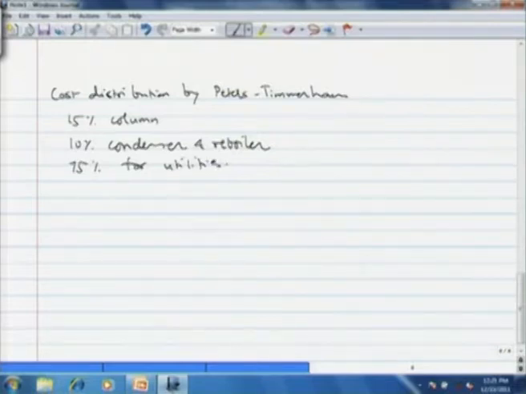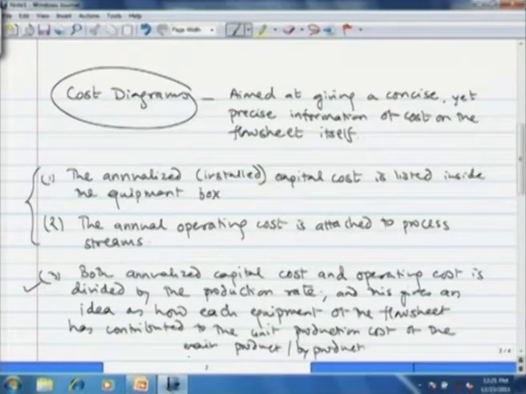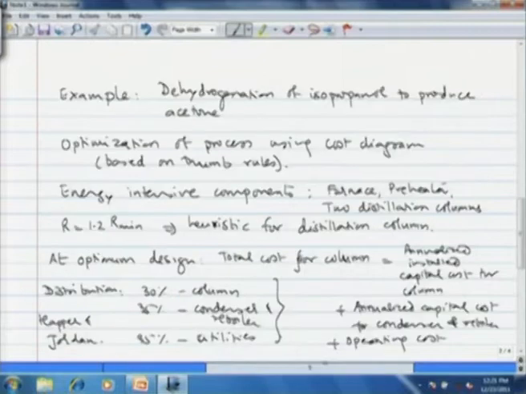So two analyses of distillation columns given by two separate teams of engineers have given these distributions: the total annualized cost of the column should be distributed 15% for the column, 10% for condenser and reboiler and 75% for utilities. Another analysis says that it should be 30% for column, 35% for condenser and reboiler and 35% for utilities.